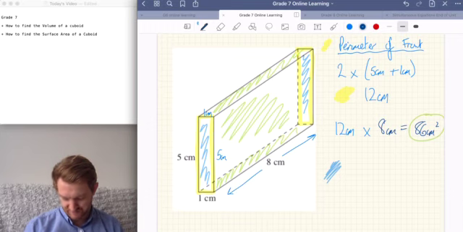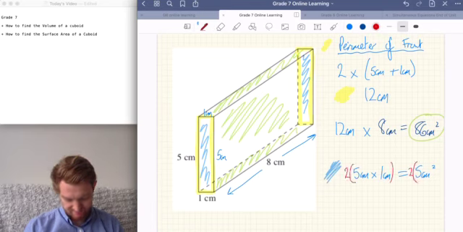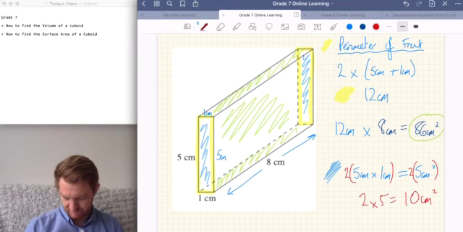So we know the front and the back. Well, from before we know that we have 5 by 1. It's 5 centimeters squared, but we know that we have 2 of them. So 2 times 5 is 10 centimeters squared. Something's gone wrong here.